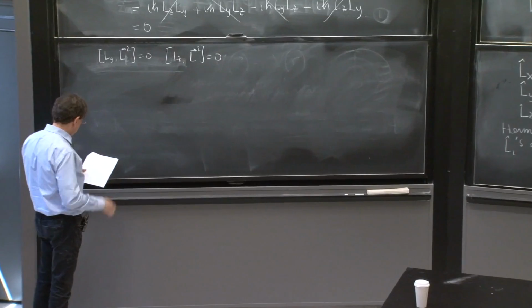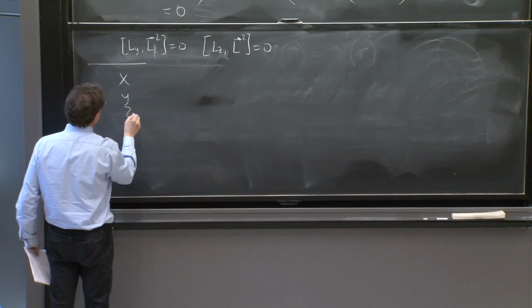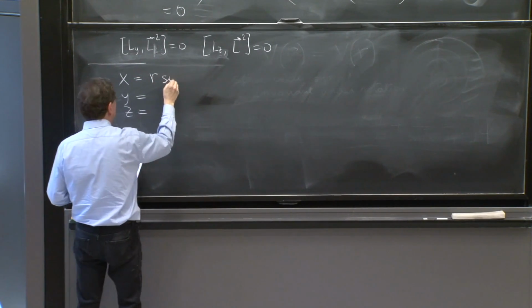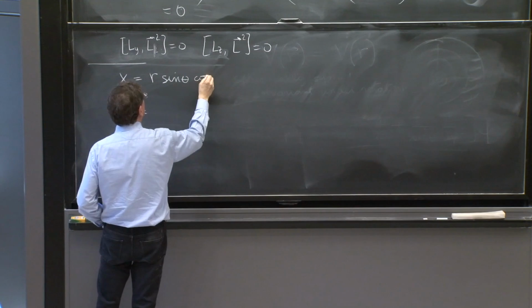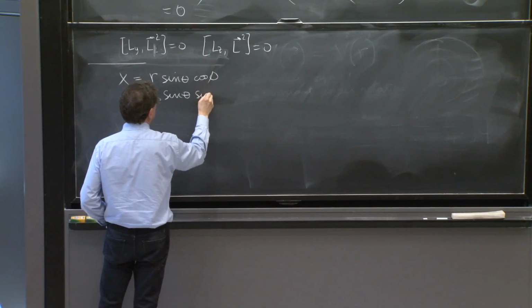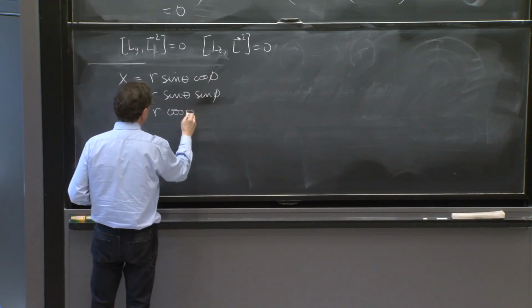So x, y, and z are your spherical coordinates, and they are r sin θ cos φ, r sin θ sin φ, and r cos θ.